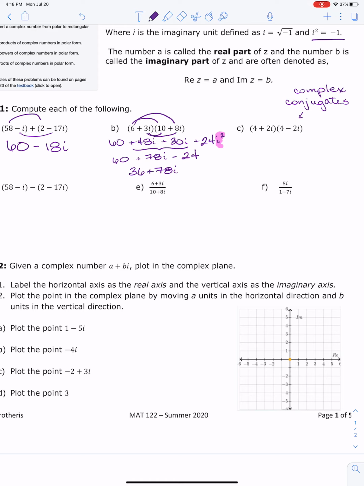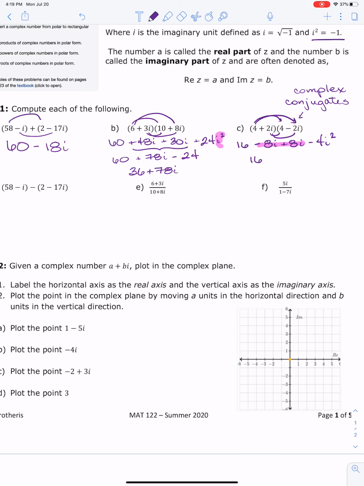4 times 4 is 16. 4 times minus 2i is minus 8i. 2i times 4 is plus 8i. 2i times -2i, -4i squared. Notice in this situation, our two i terms cancel each other out.